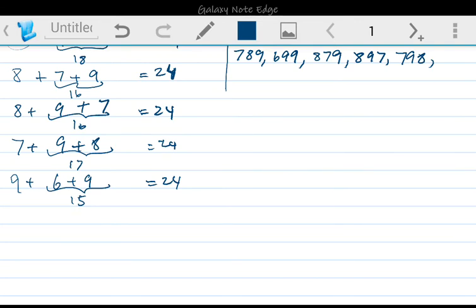So we have another number here, 969. And we can invert these two. Notice that I inverted the order: 9, 9, 6.